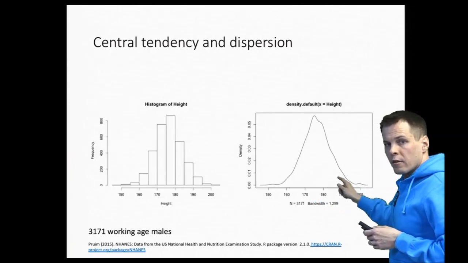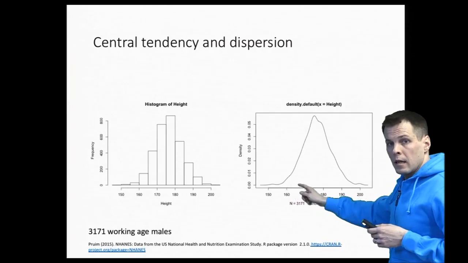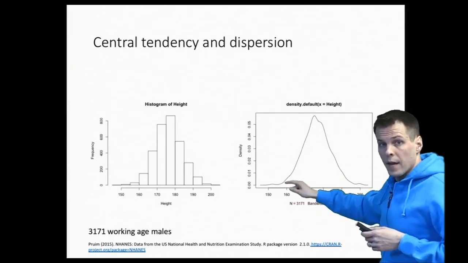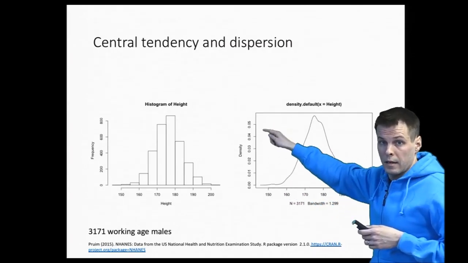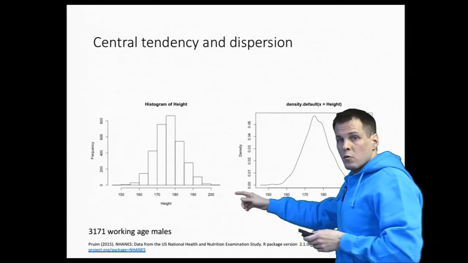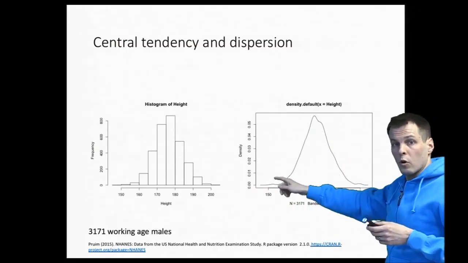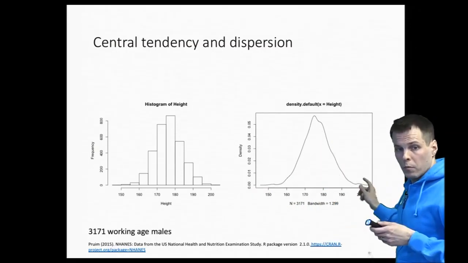The area under the curve is always 1. So if the scale here is in the tens, then the scale here must be in the 0.0-something. That shows us that most people are in the middle, and then there are a few short people and a few tall people.